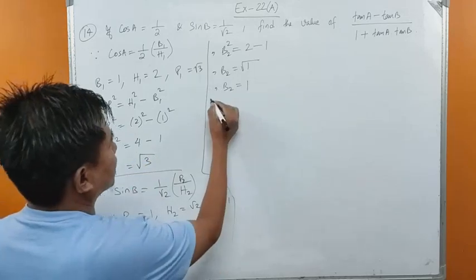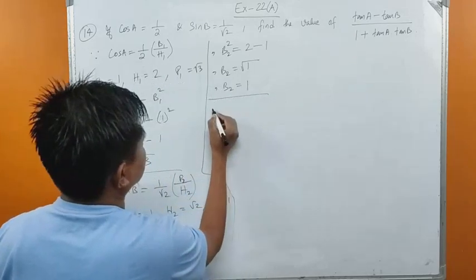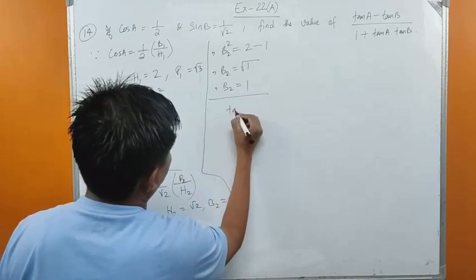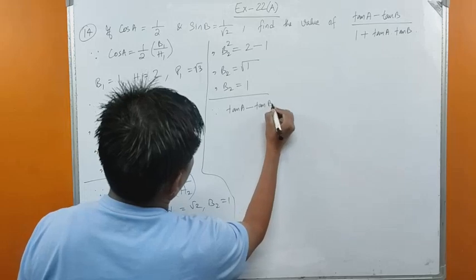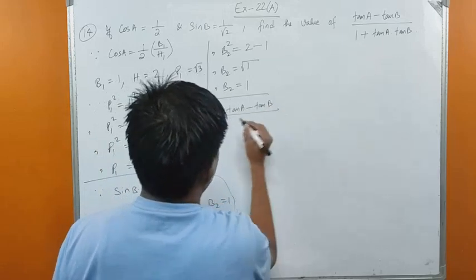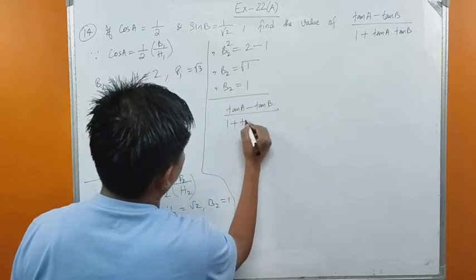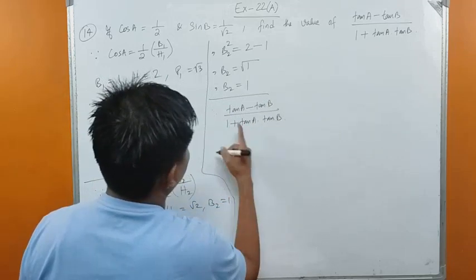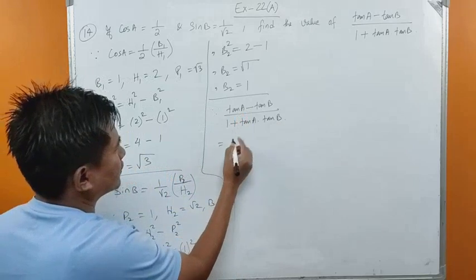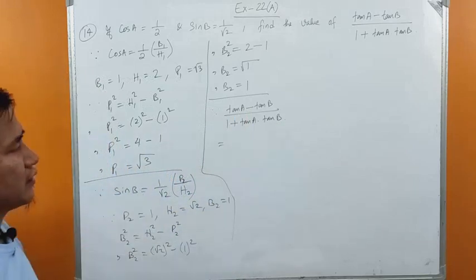Now let us find the value of this expression: tan A minus tan B whole upon 1 plus tan A into tan B. For angle A, that means the first right angle triangle.